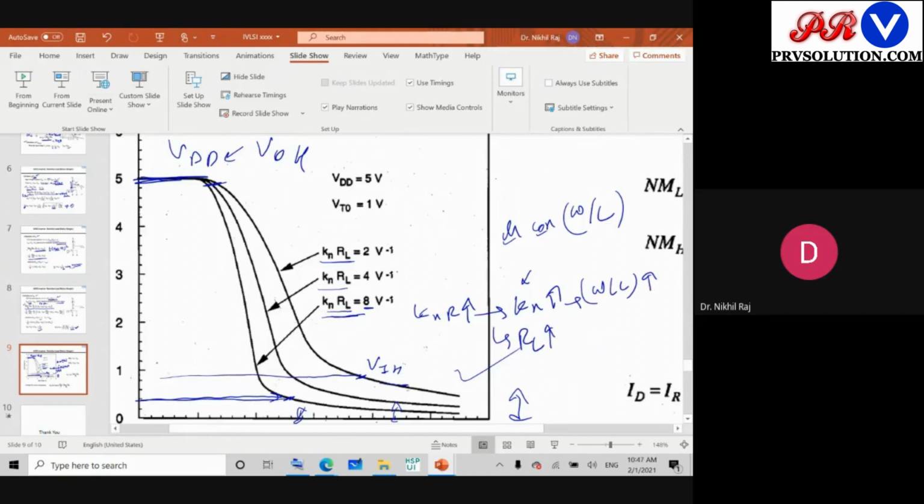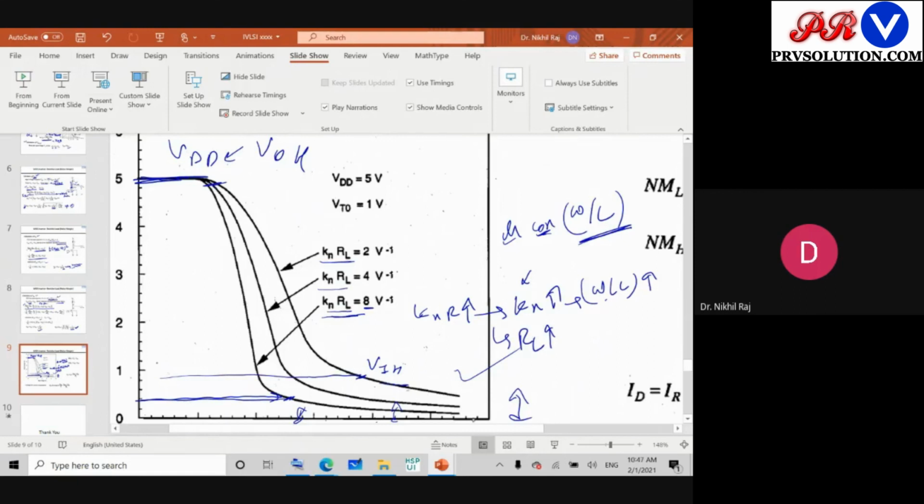Cox is the oxide thickness, and oxide thickness comes from the manufacturer side, so we cannot alter it. In the user's hand is only W by L. By changing W by L, I can control the low logic.